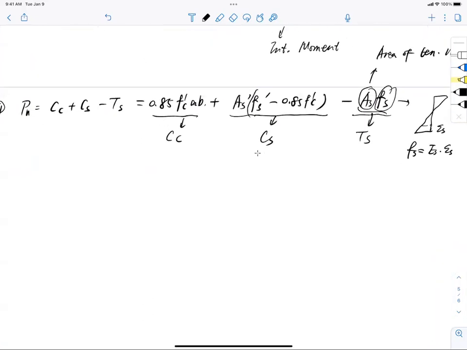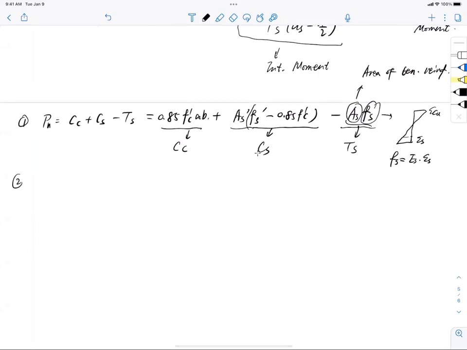In terms of bending moment, Mn should equal the external one. Before you do anything, write down Mn equals Pn multiplied by eccentricity e, and that equals 0.85 f'c a b, the concrete compression force, multiplied by the lever arm. How we take the lever arm is a little interesting.